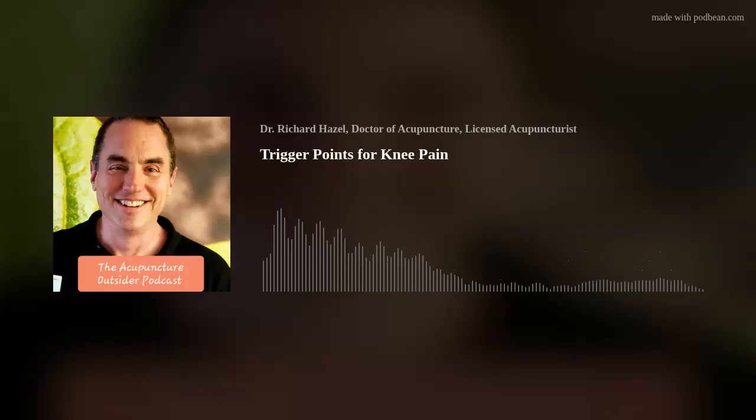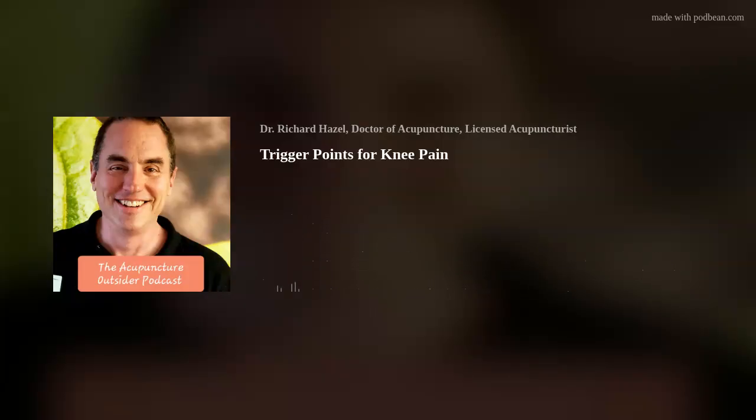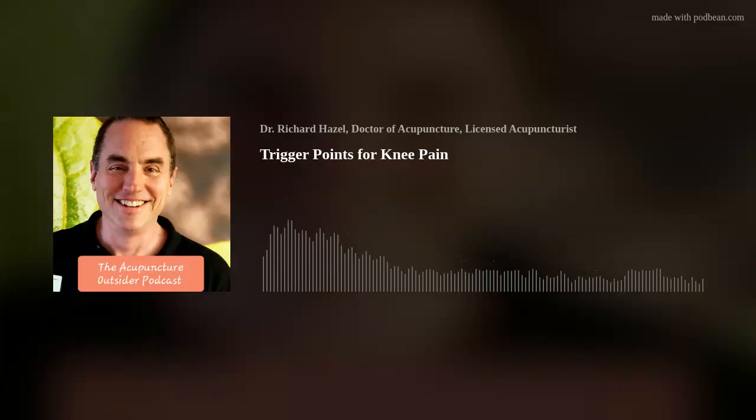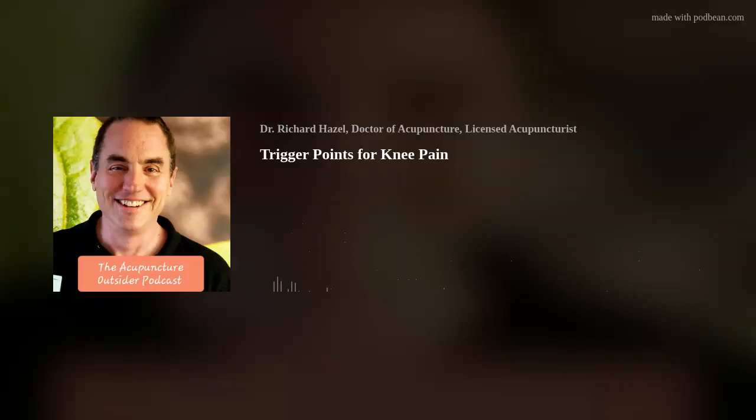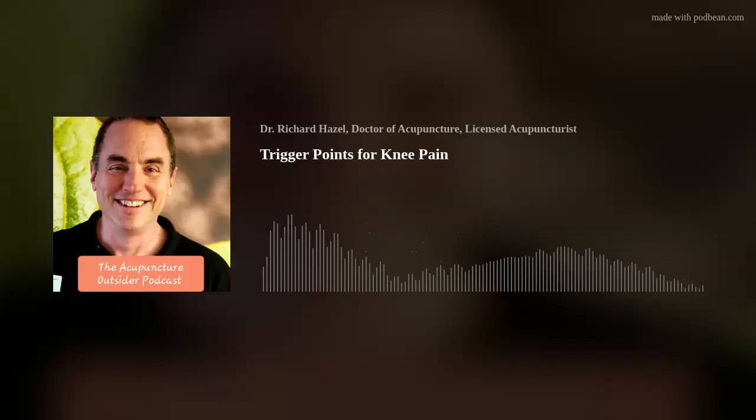And the typical trigger point there is at an oblique angle. It will start close to the upper part of the patella, maybe a finger width or two above the medial upper patella area, and it will go at an angle toward where the gracilis is, towards the medial part of the inner thigh area. So you dig in and you feel if there is a painful band in there or two.